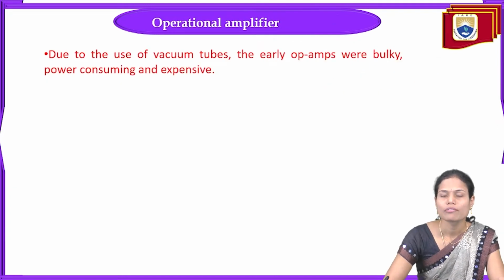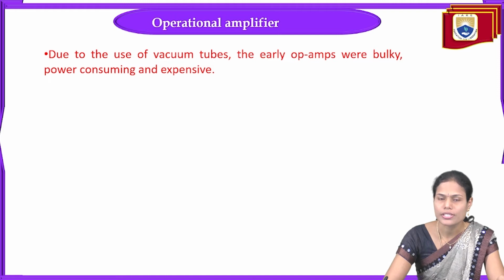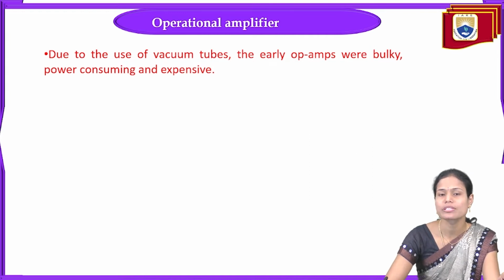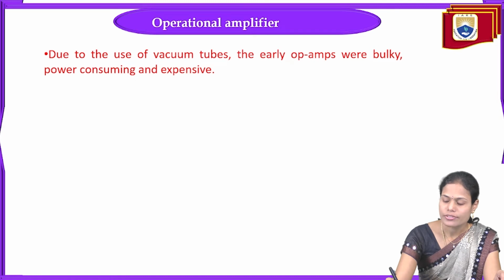I have already mentioned that in the olden days, operational amplifiers were designed with vacuum tubes. If we design the operational amplifier with vacuum tubes, we have some disadvantages. The size of the vacuum tubes is very large, so the operational amplifier becomes very bulky.